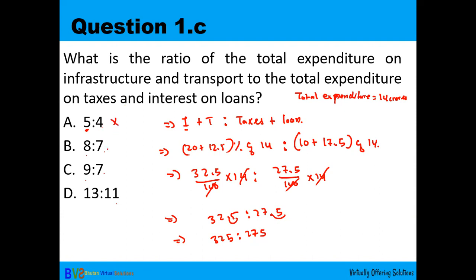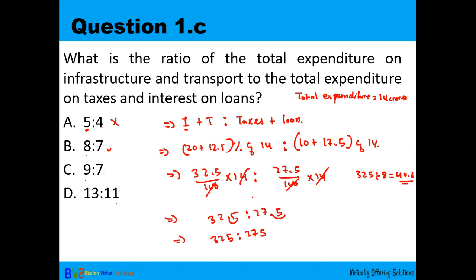All right. Now you do it for B. You divide 325 by 8. 325 divided by 8, you will get 40.6. So now this has come in decimal.